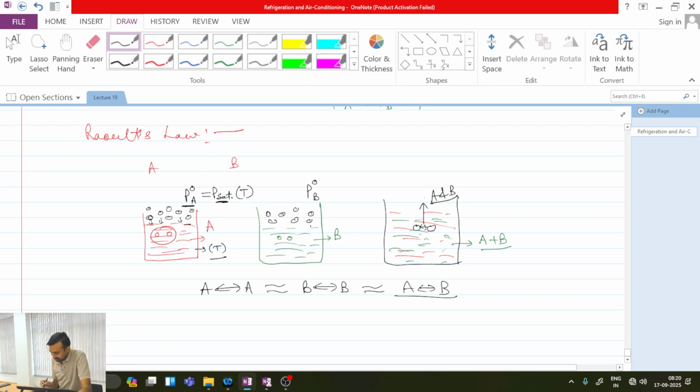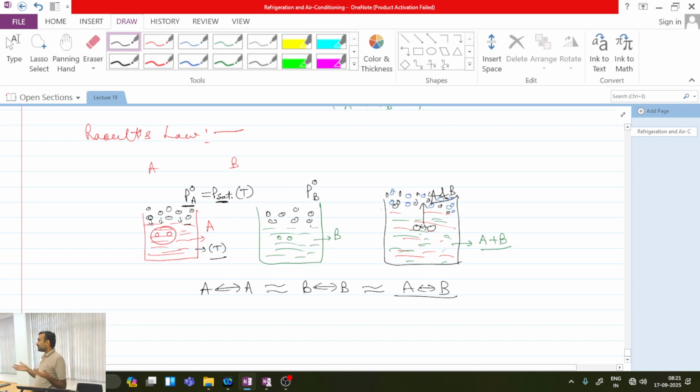When I have a mixture of A and B, what will be happening? In the vapor, I will be having some vapor molecules of B and some vapor molecules of A. Is this point clear? All of you are agreed to this point?